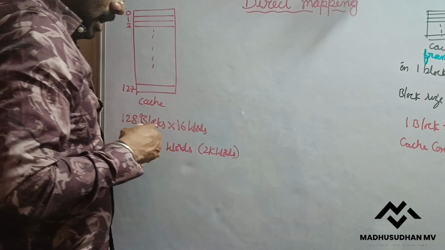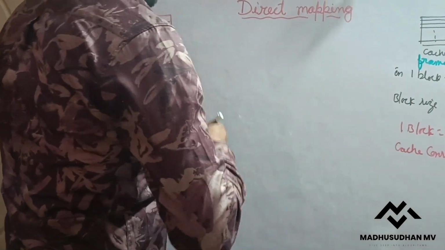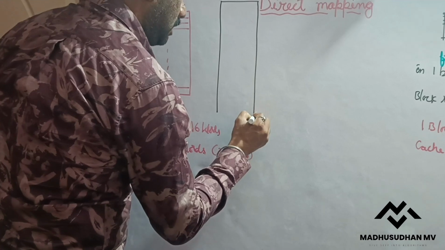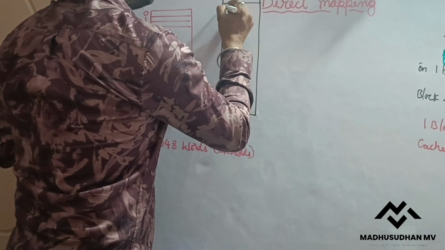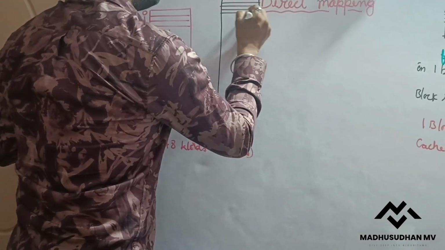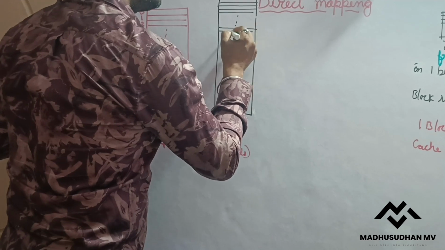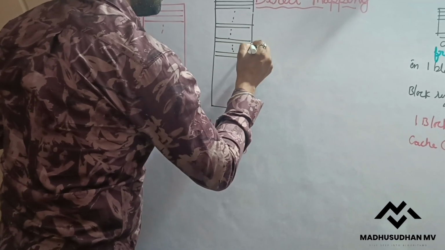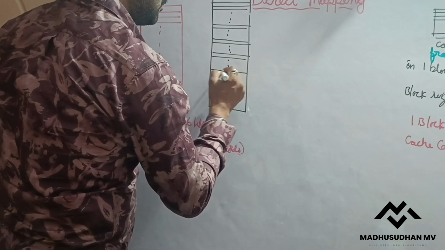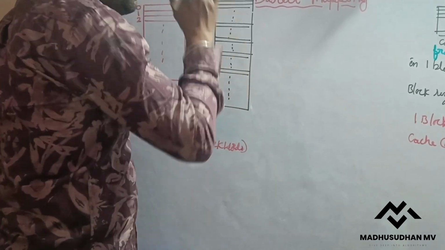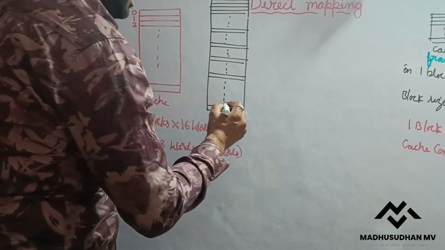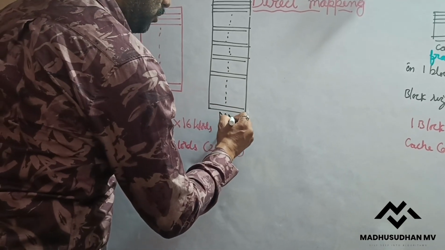Next, this is about the cache memory. Now, we know that our main memory is huge. The main memory is also divided into blocks. How many blocks will be there in the main memory? Let us take in my example, this is my main memory.